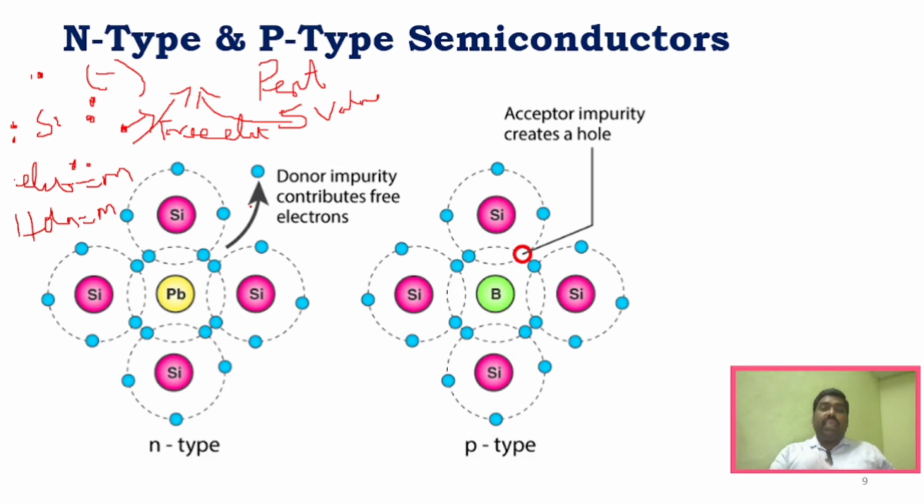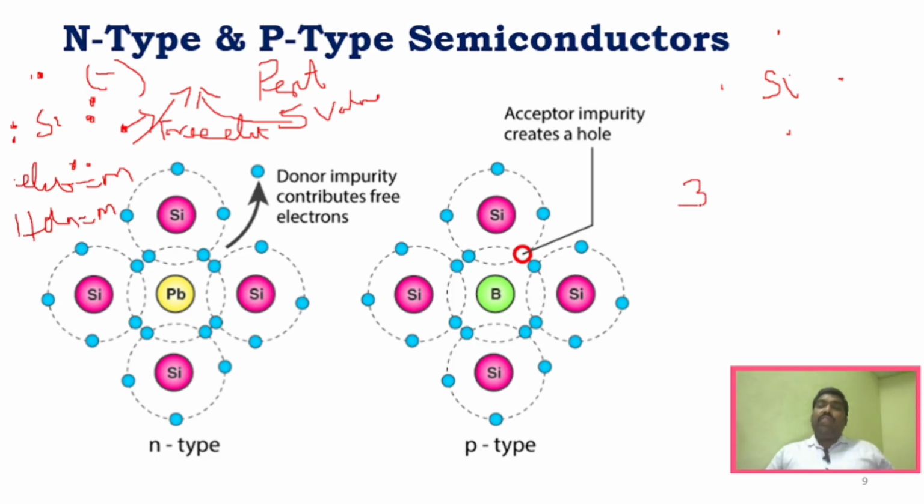Now, the same thing, what is meant by a P-type semiconductor? If you take silicon, we know that it has 4 electrons in the valency band. Now if you add a trivalent impurity, what is a trivalent impurity? It has 3 valency electrons.